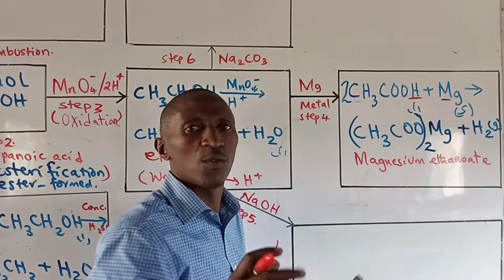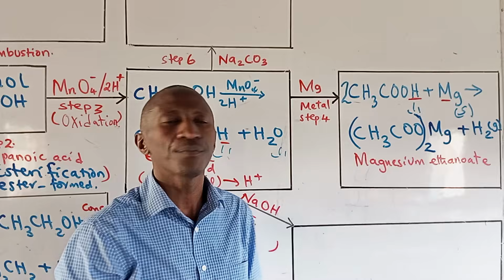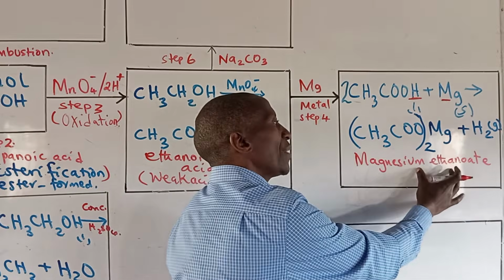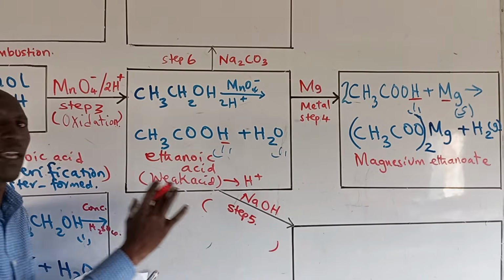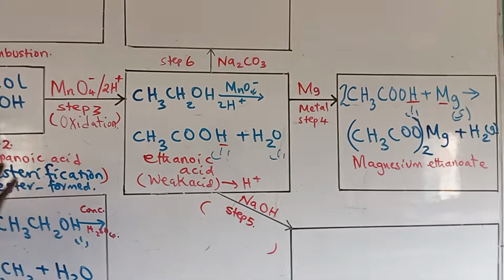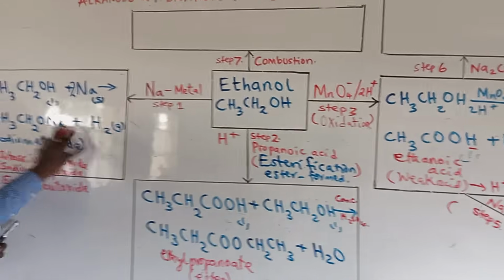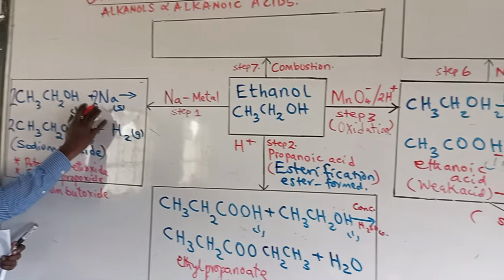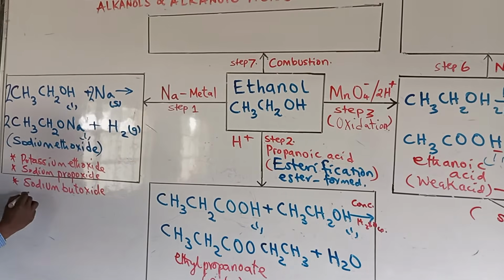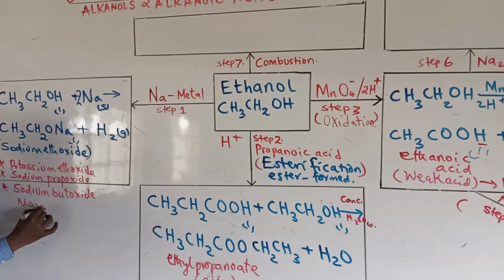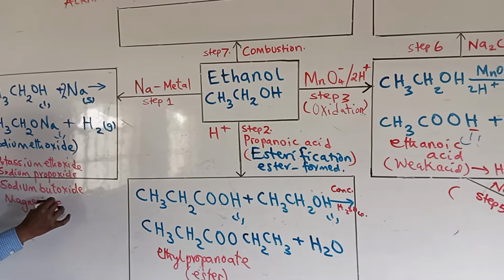Viewers, I would like you to note the difference between magnesium ethanoate and, if we go back to our earlier work where we had a metal, if this were magnesium, then it would form magnesium ethoxide.